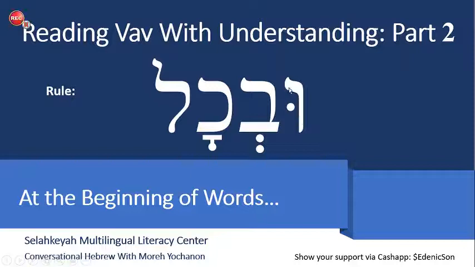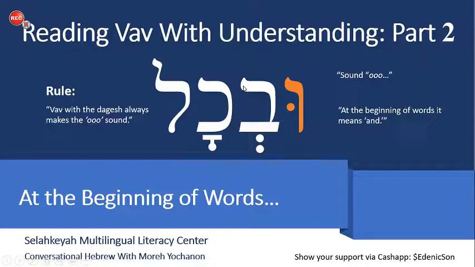So here we have the vav with the dagesh always makes the oo sound. So this sound here that's orange is oo. At the beginning of words, this prefix means and.